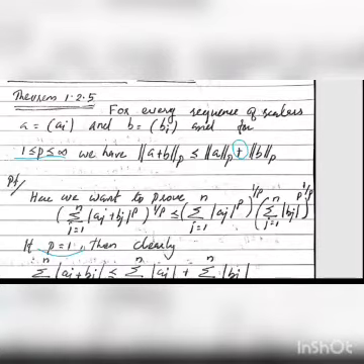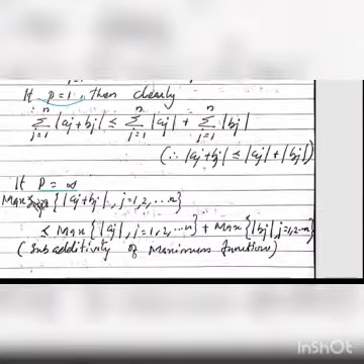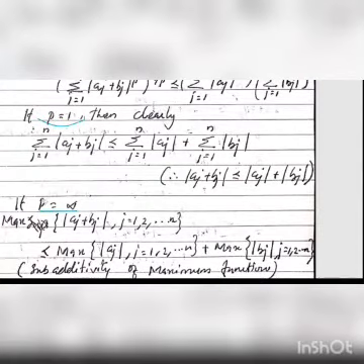So the norm definition becomes the maximum of |a_j plus b_j|, j equal to 1, 2, 3 up to n, is less than or equal to the maximum of |a_j| plus the maximum of |b_j|. This is the subadditivity of the maximum function.